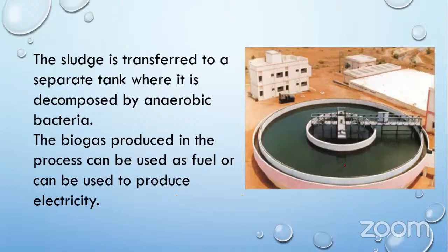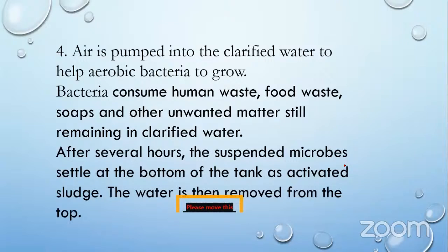Like that only, this sludge is transferred to a tank. Then anaerobic bacteria will decompose it, and the biogas produced in the process can be used as fuel and can be used to produce electricity also. So that sludge is not wasted. From that, biogas is produced. Now, next step. These all come under the physical processes.